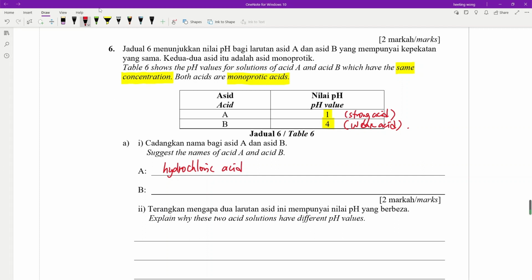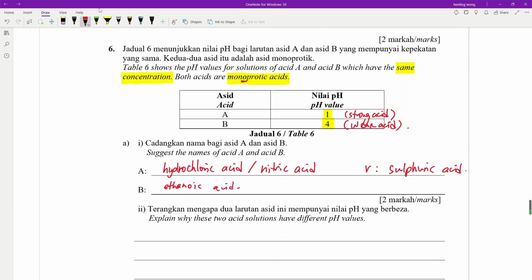Or nitric acid, right? Nitric acid. Okay, I reject sulfuric acid. Why? Because sulfuric acid is a diprotic acid. The question asks about the monoprotic acid, so this is rejected. So B is a weak acid, remember, so ethanoic acid.